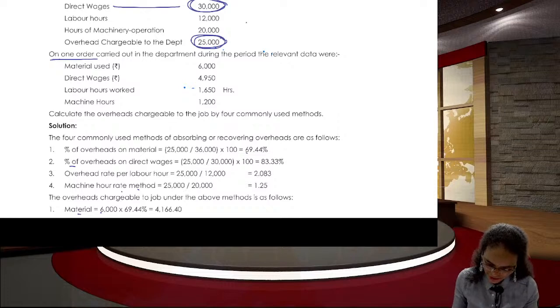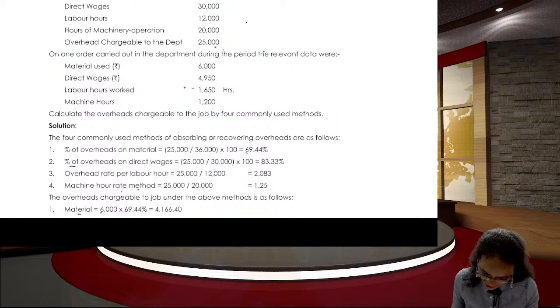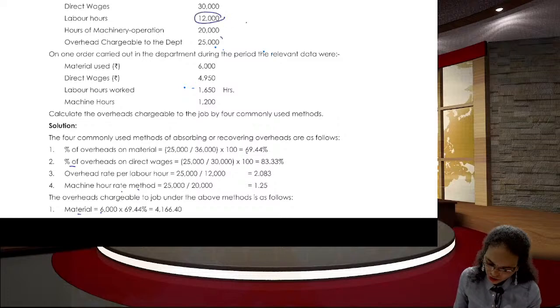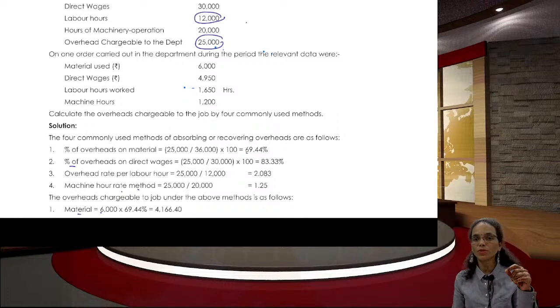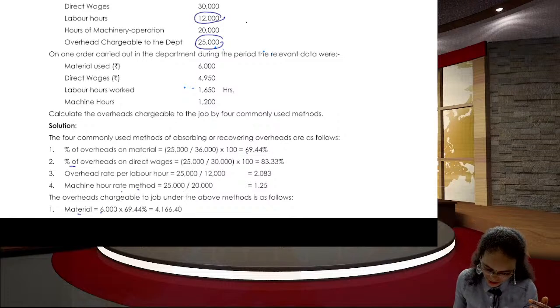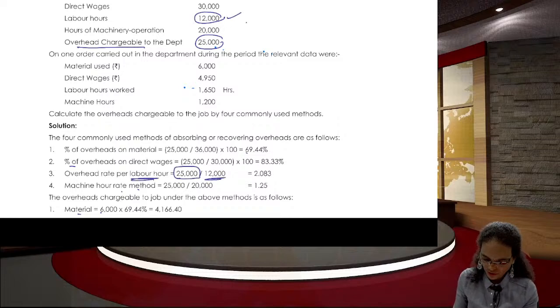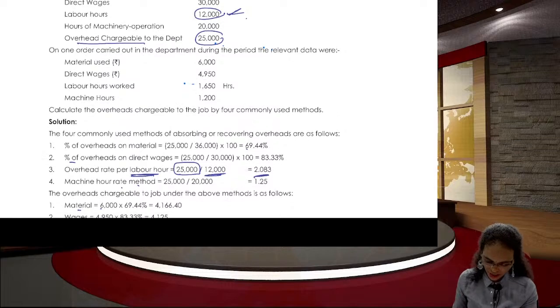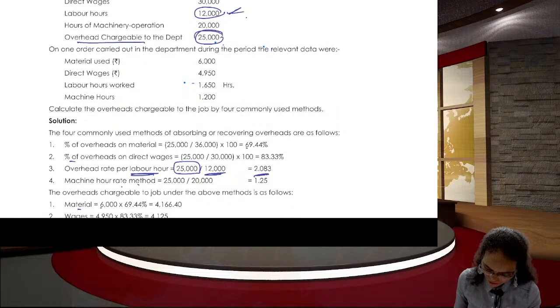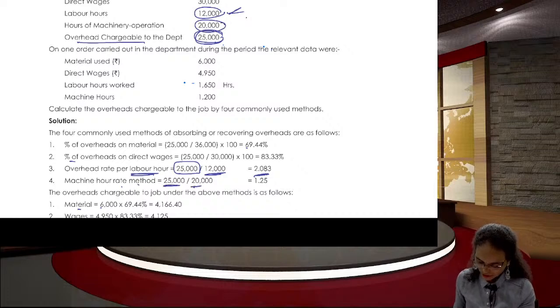Next one, 12,000 is the labor hours, 25,000 is the expenditure. You have incurred 25,000 rupees expenditure as overheads. So 25,000 on the basis of the labor hours divided by 12,000. So you are getting this much. On the basis of machine hours, 25,000 you incurred, the machine hours are 20,000. So 25,000 divided by 20,000 is this one.